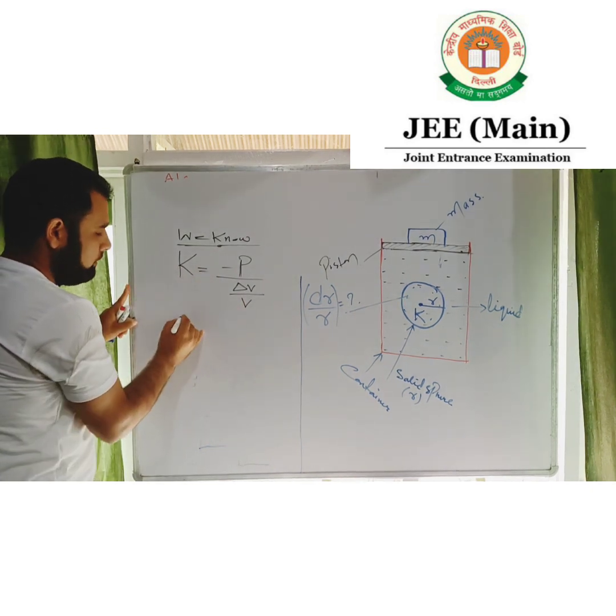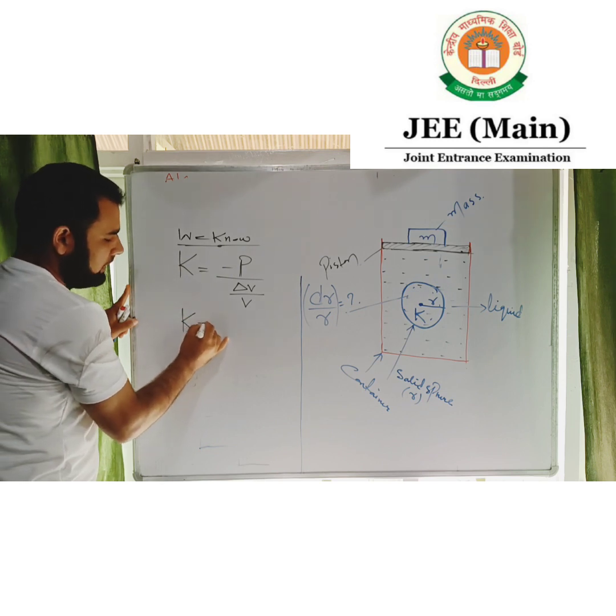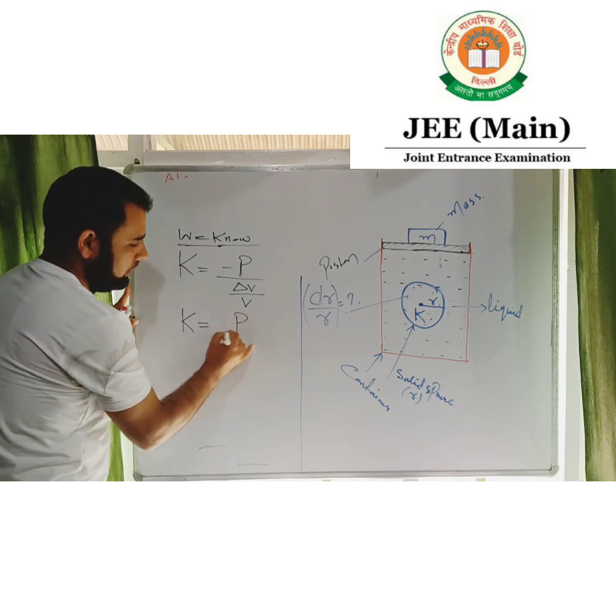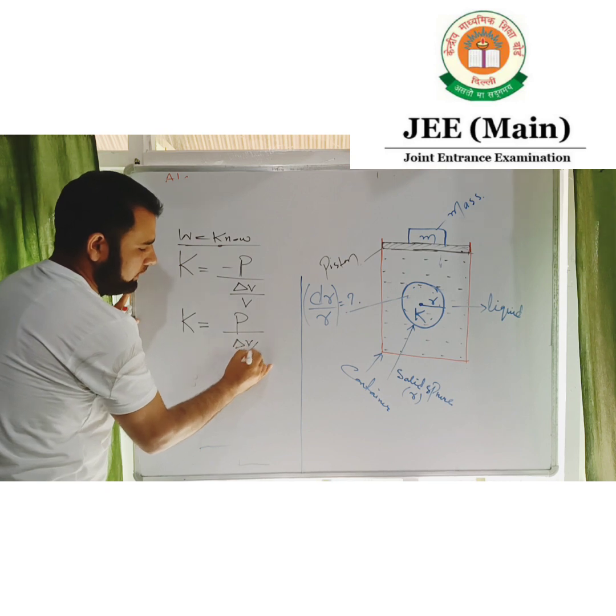In magnitude, the bulk modulus of elasticity is simply equal to P divided by delta V by V.